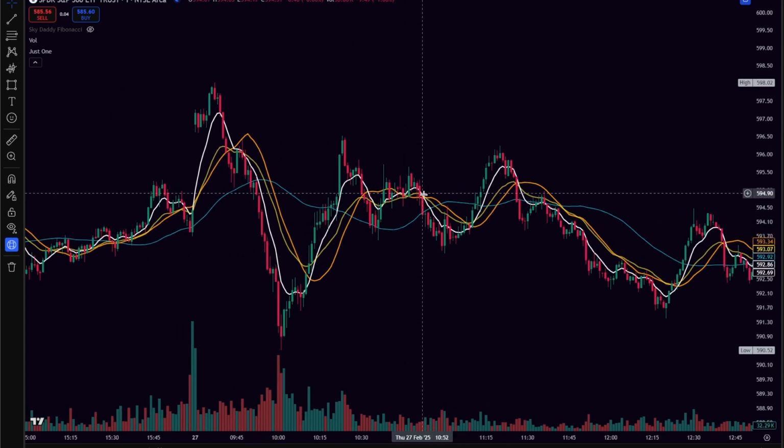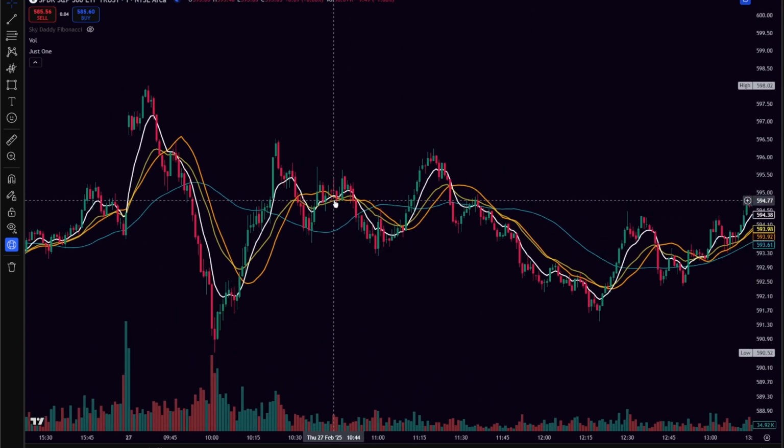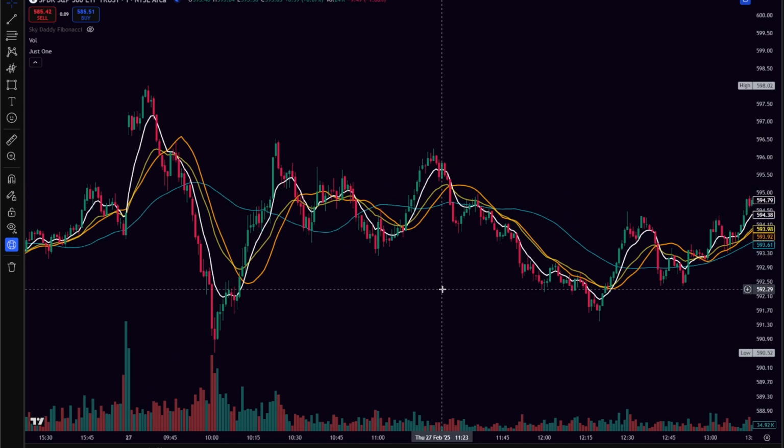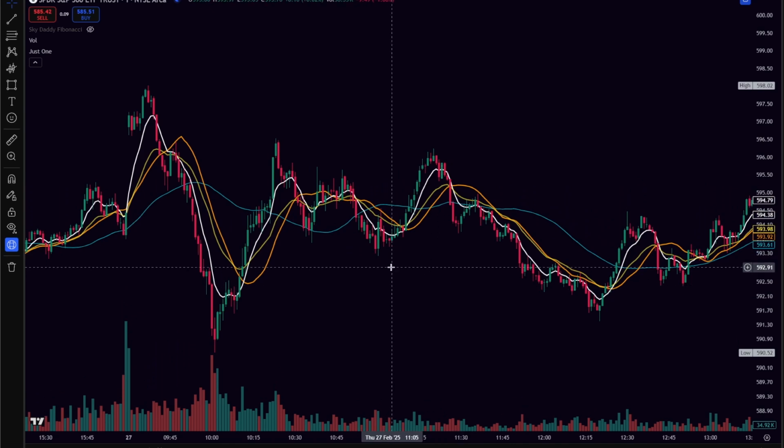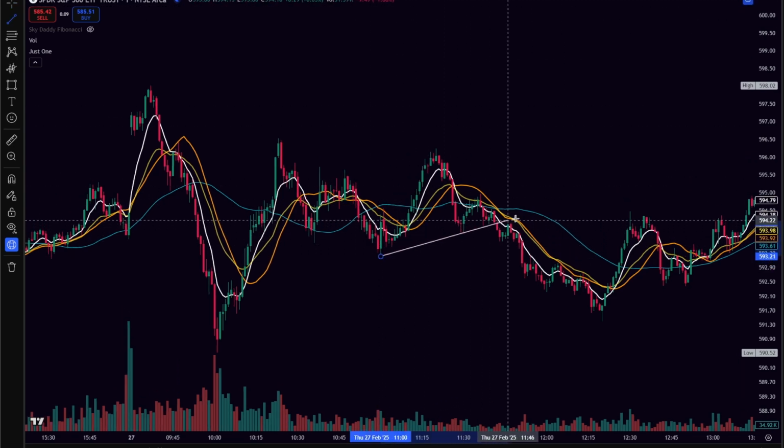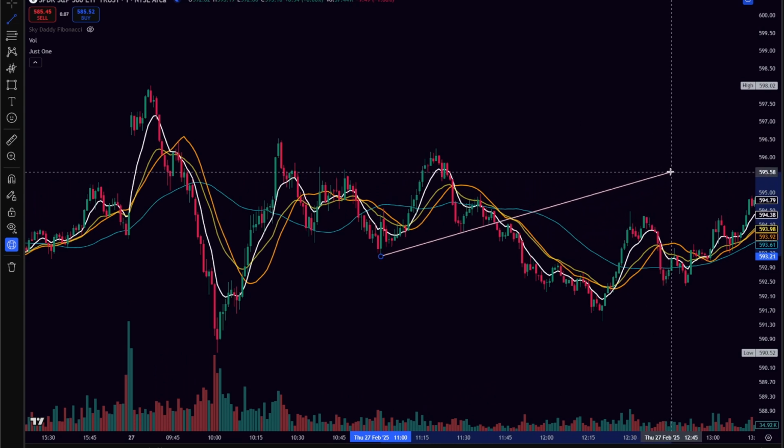When we see, like I said, the EMAs and the moving averages doing the waves, I stay out of this. When I say I stay out of this, I'm not trading this. I'm waiting for some type of pattern or a trend line to be broken. So in this case here, we had this nice trend line.